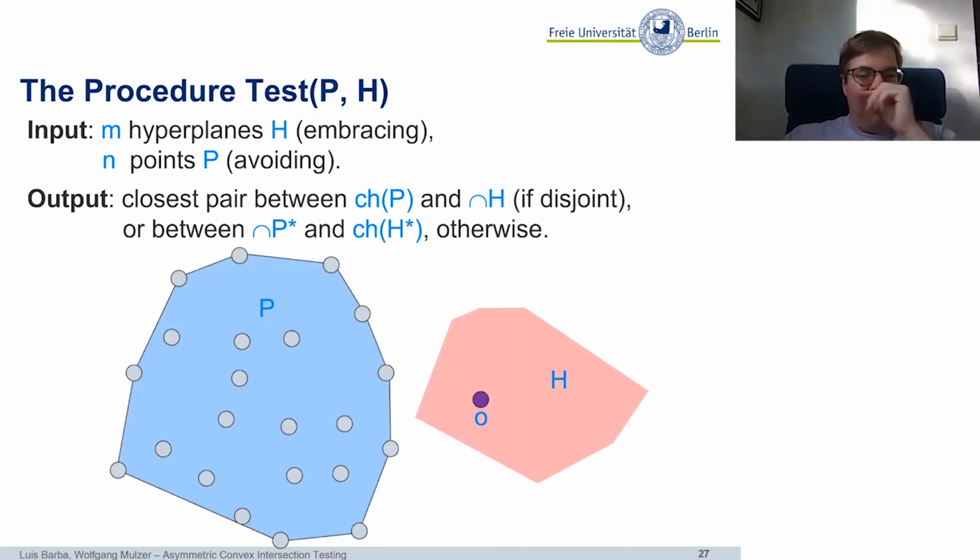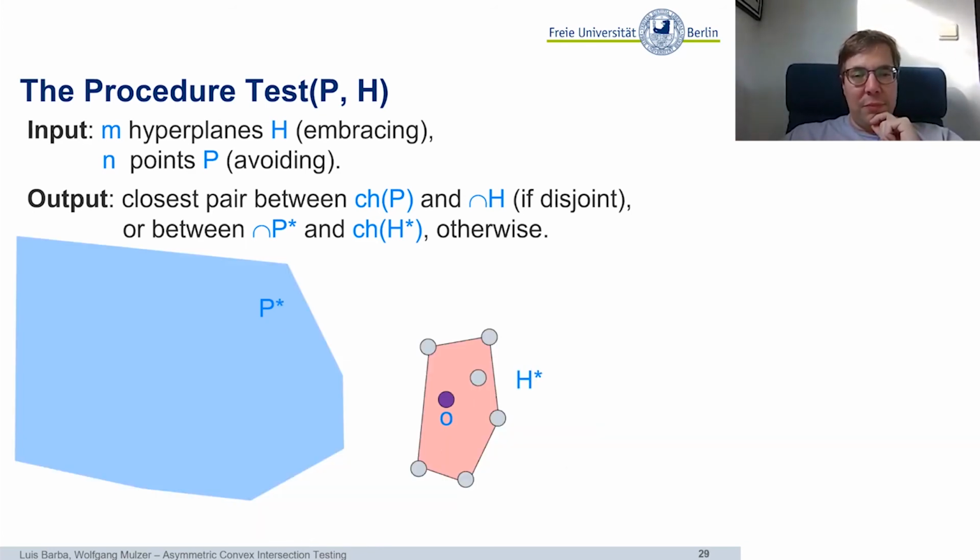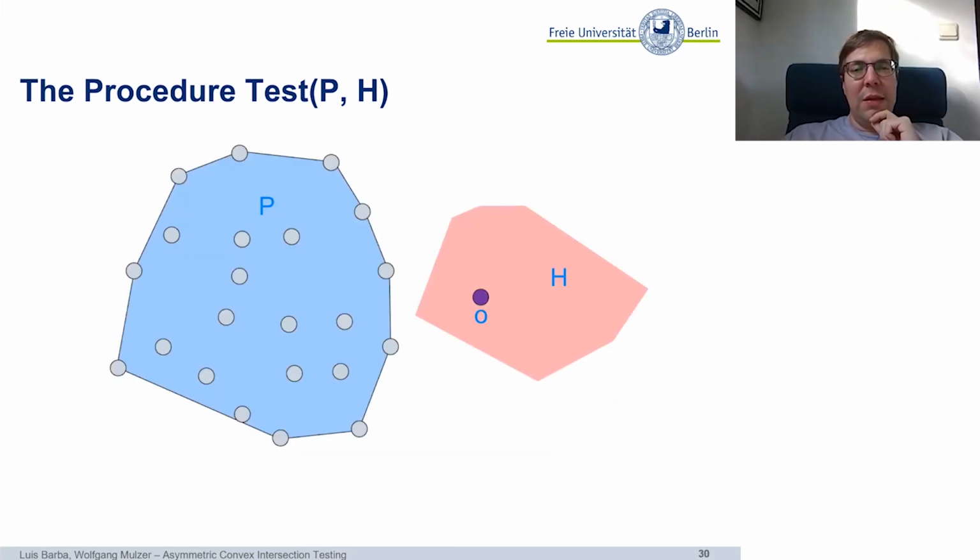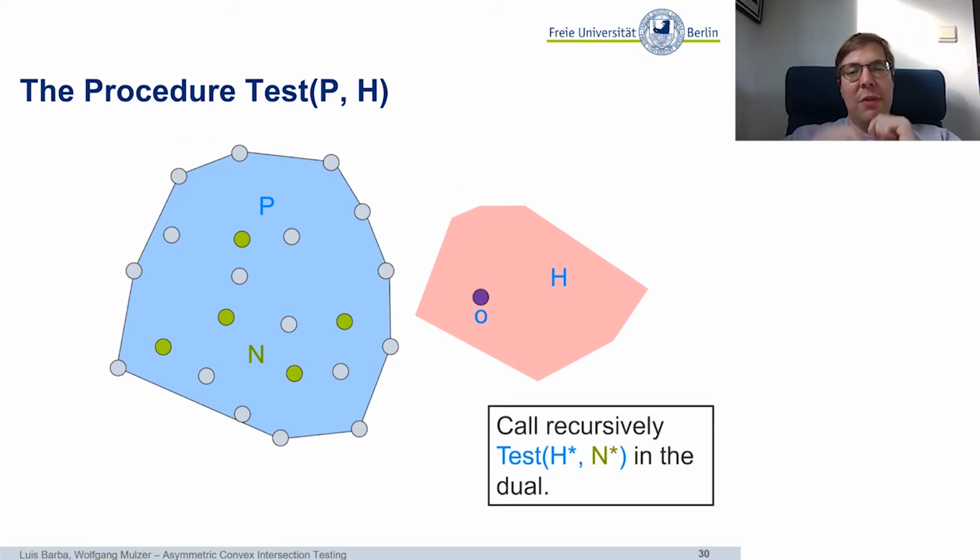And now what the algorithm does is, so here we have the picture. What the algorithm does is it again takes a random sample of the points of appropriate size, and it goes to the dual. So we take a random sample of the points like in the LP type algorithm. But now what we do, we dualize.